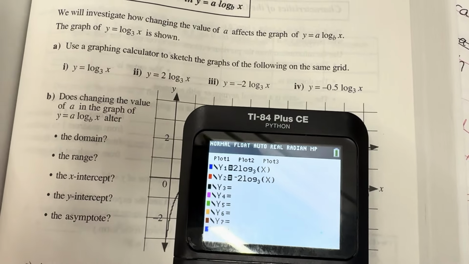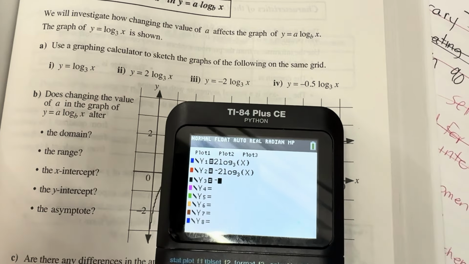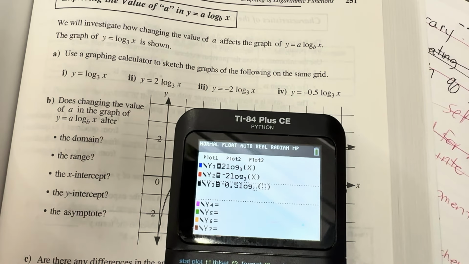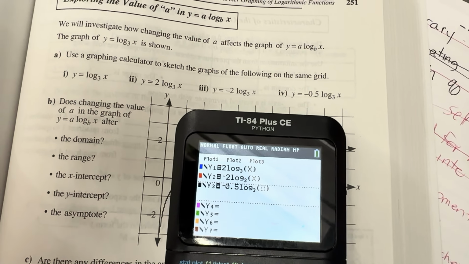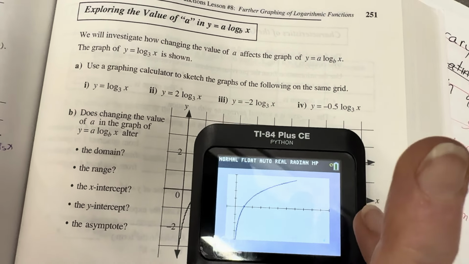Then I want negative 0.5 times log base 3 of x, and so on all the way down. Excellent graph. And there are my beautifully color-coded graphs right here.